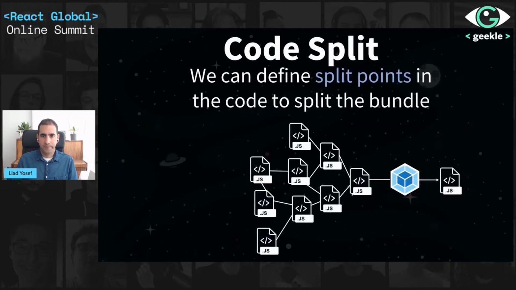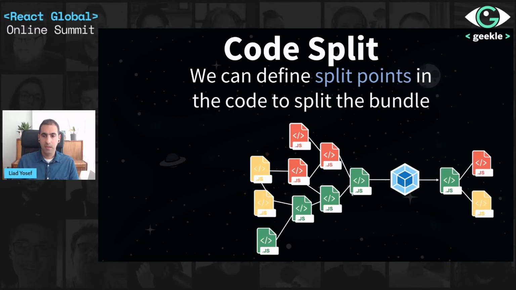Okay. What can we do with it? So in Webpack, and it's not there in other tools, but it will be in the future, we can define code splits. And code splits in our code are just like points where we tell Webpack, okay, from here, I want you to build another bundle or chunk, as it is called.